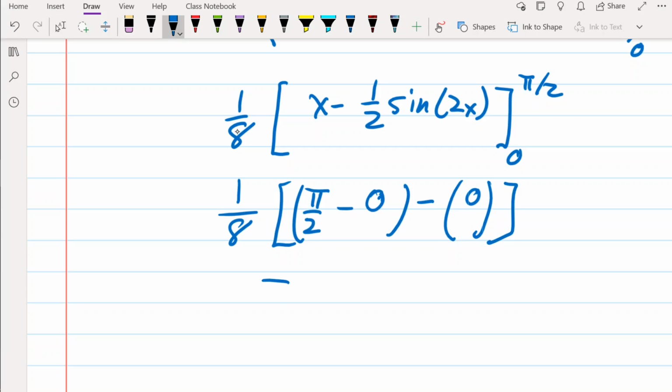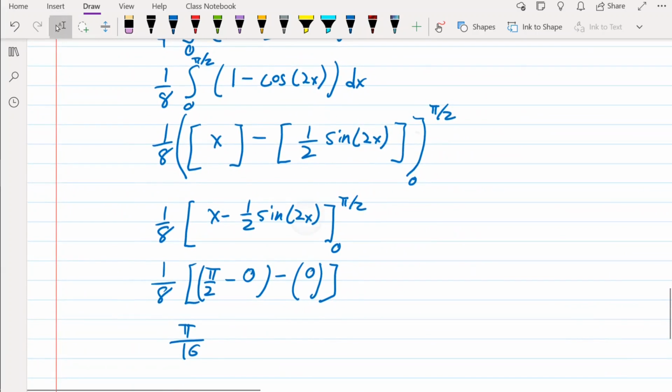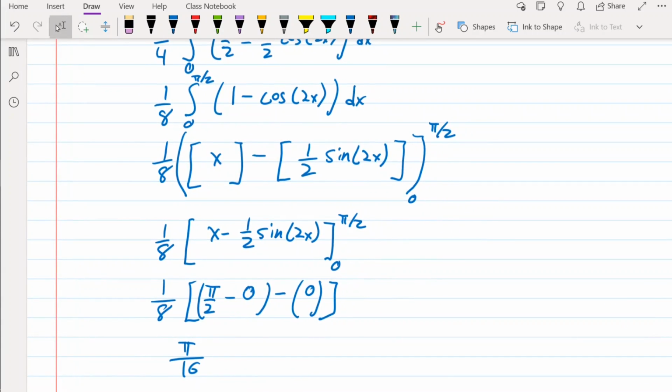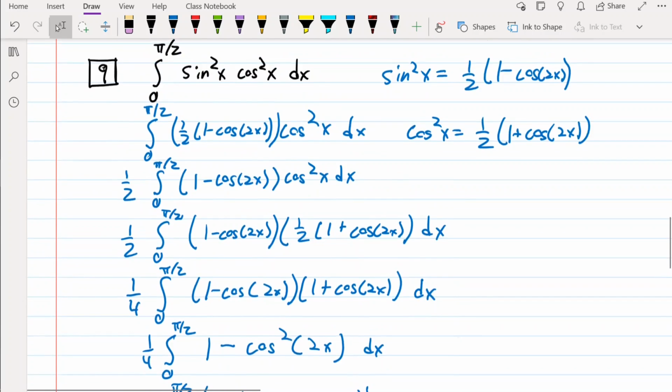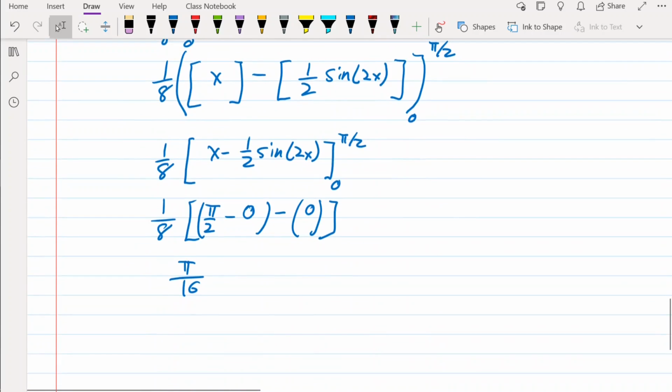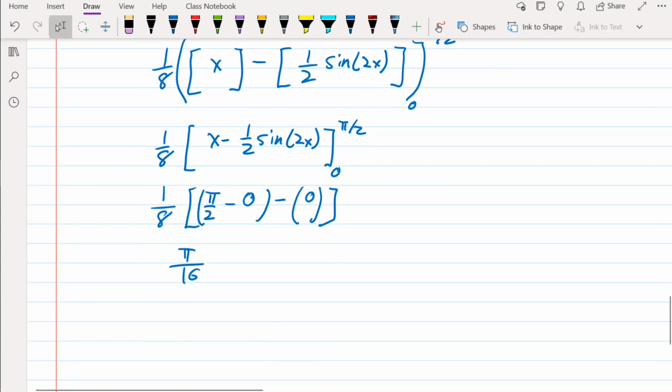So we get pi over 16, and that is the correct answer. Even though I believe the textbook did it in a slightly different way, I think this was just fine. May have taken a little longer than it should have.